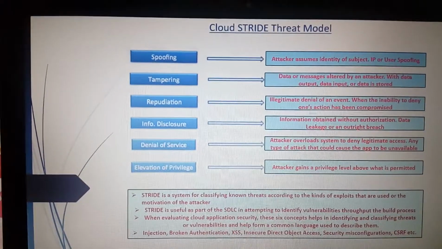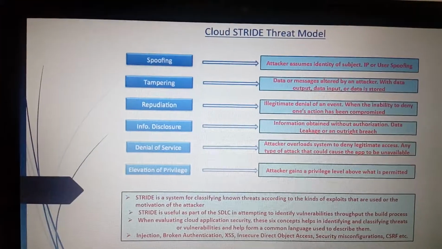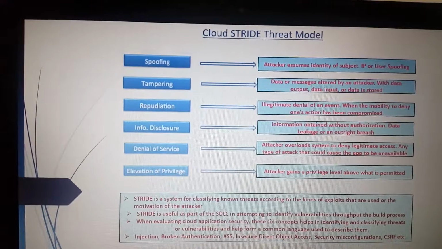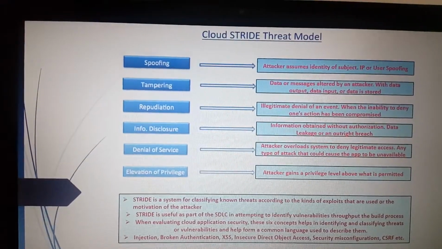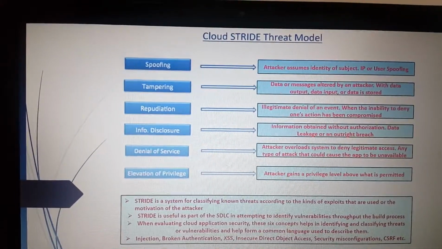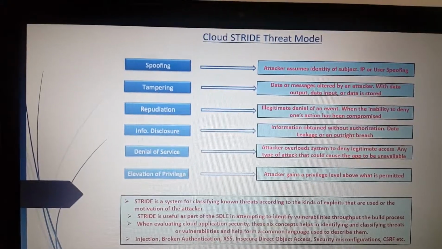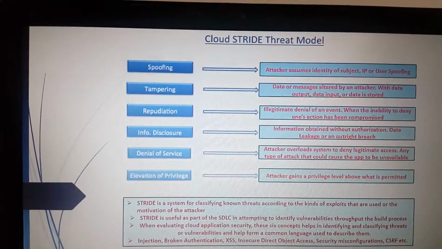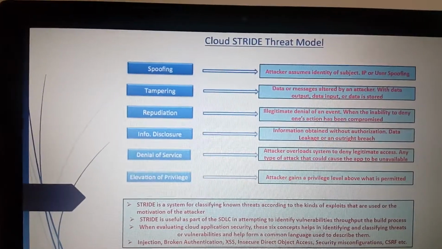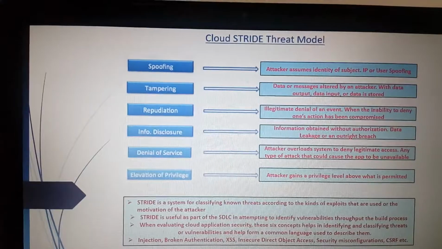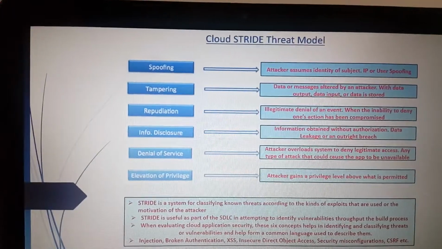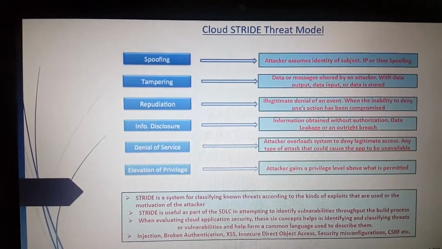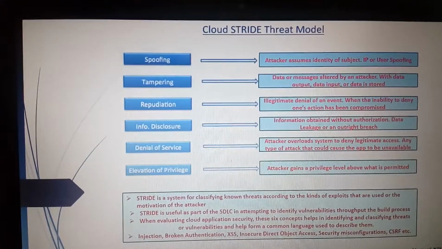These are the six concepts you see on the screen: spoofing, tampering, repudiation, information disclosure, denial of service, elevation of privilege. These six concepts make up the STRIDE model, and they are applicable to application development and application security, right?